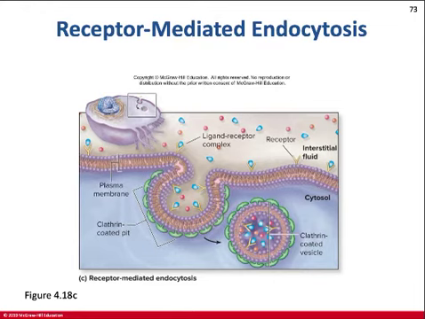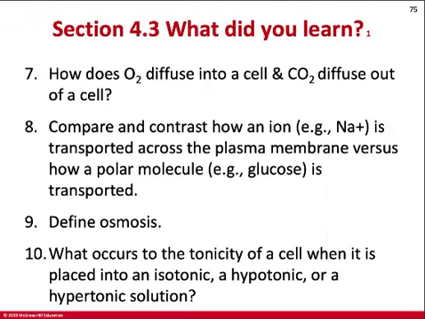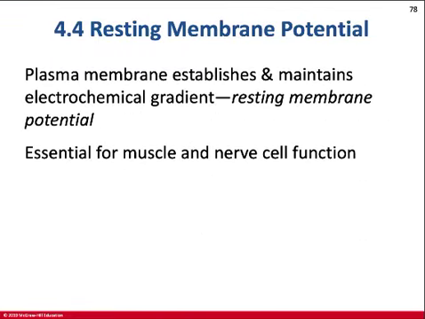It's usually inherited as an autosomal recessive, which means it's on a chromosome that contains body plan information, and you have to get two bad copies of the gene, one from both your mom and your dad, in order to have the condition. And so that's a discussion of exactly this.